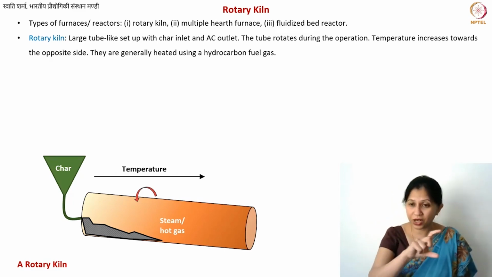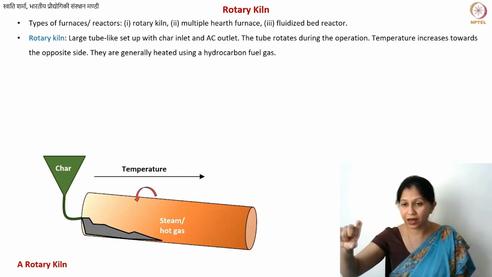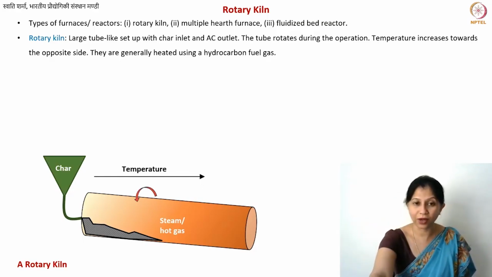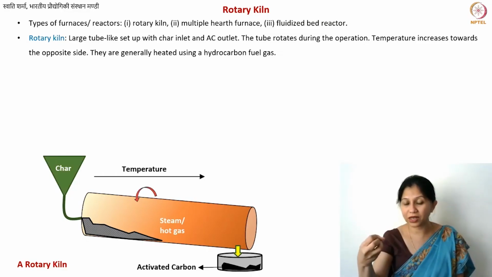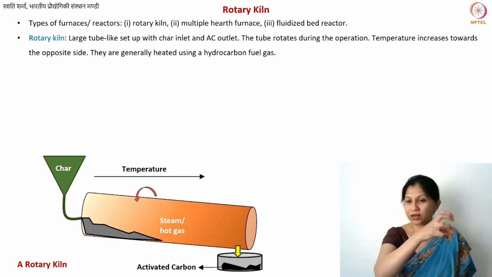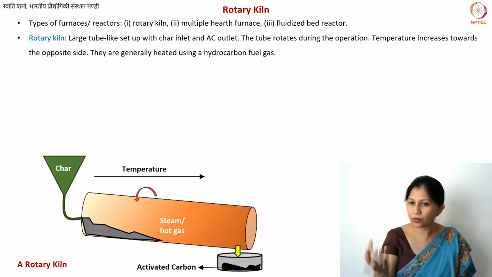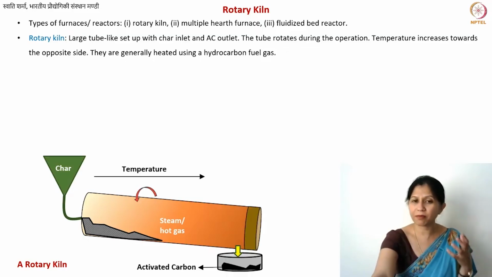So the temperature is increasing along the length of the furnace. Now you also have the material moving due to gravity, and at the end, you collect whatever is the processed activated carbon. Here I have drawn only a very basic schematic. Of course, this is not how an industrial plant would look. As I mentioned, these are massive structures.